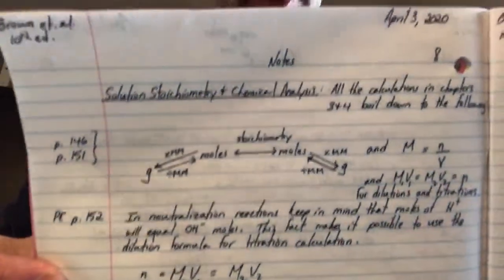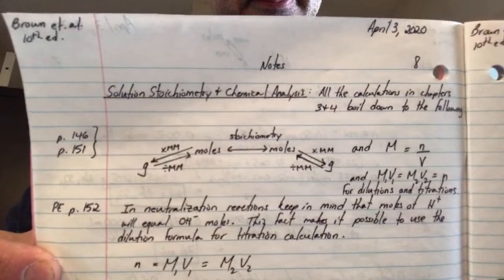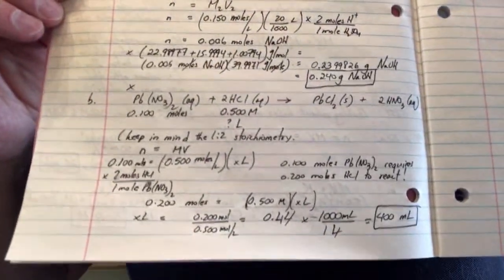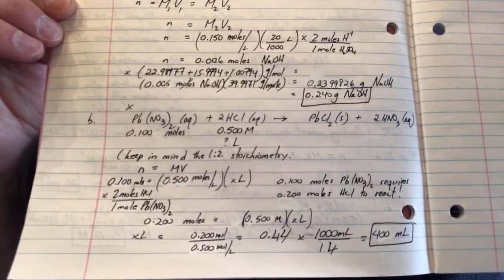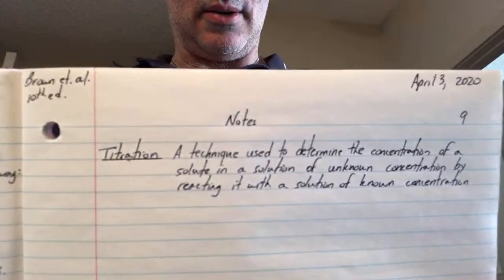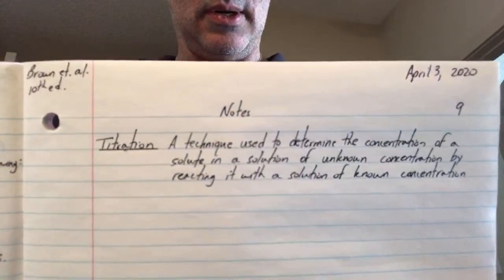Top half of page 8. Bottom half of page 8. And I'm just starting page 9 of the notes. So you're up to date with the notes. If you want, you can copy all that into your notebooks.